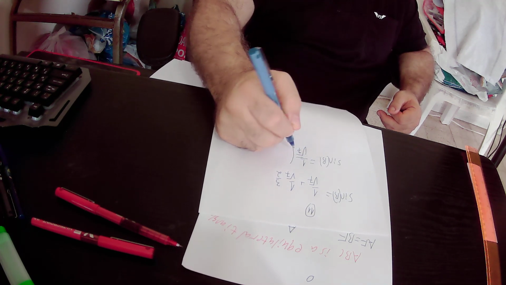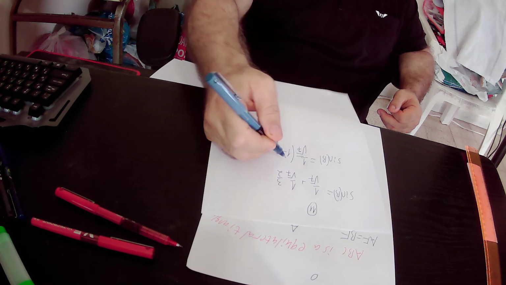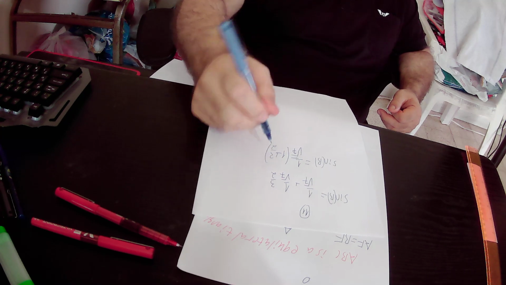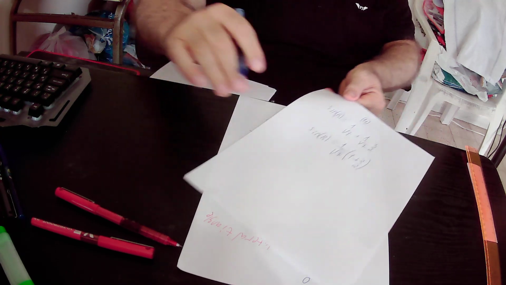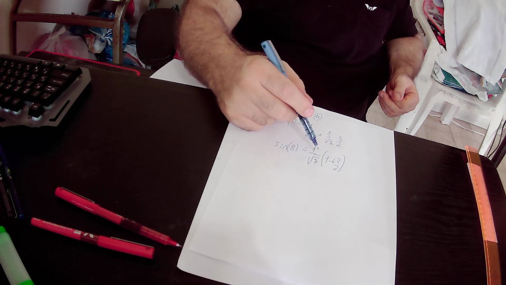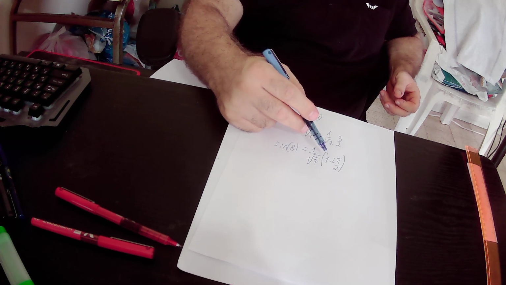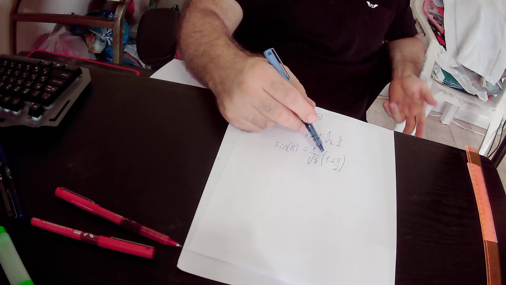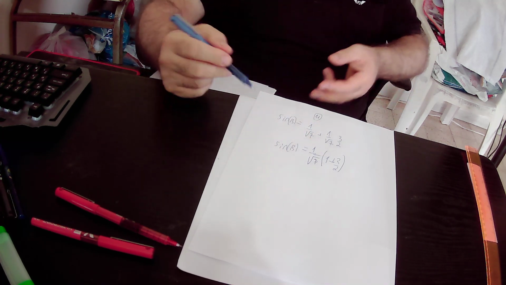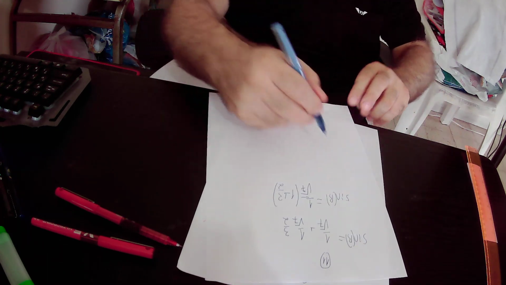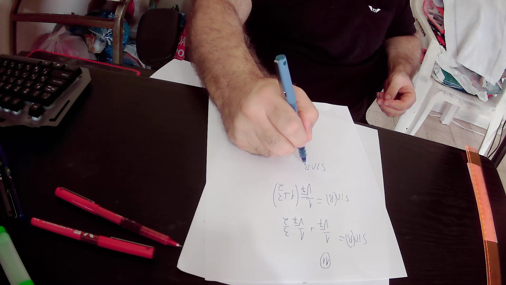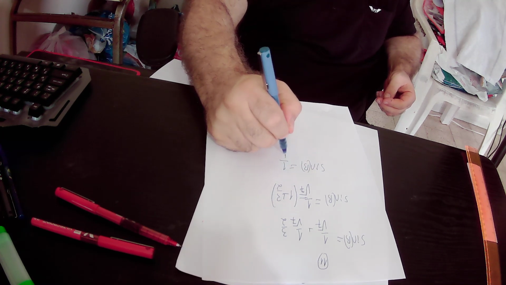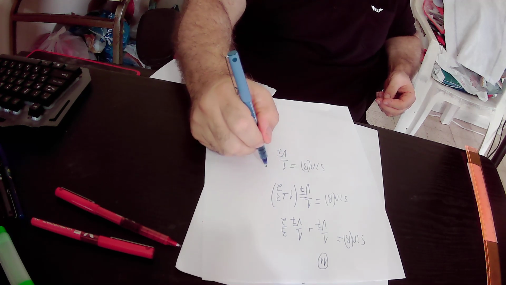So in the brackets we will have 1 plus 3 over 2, and sinus beta equals 1 over root 7 times 1 plus 3 over 2. 1 plus 3 over 2 is actually 5 over 2. So the value of sinus beta equals 1 over root 7 times 5 over 2.